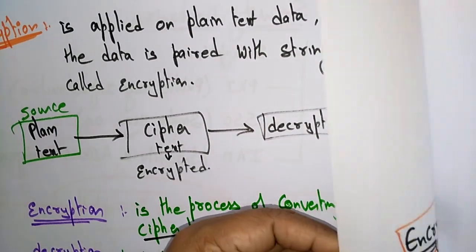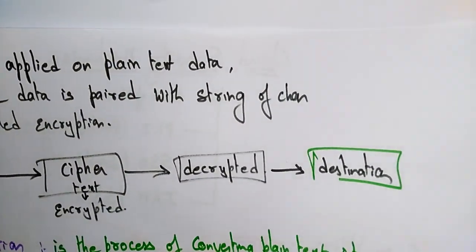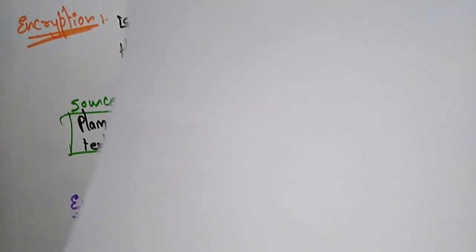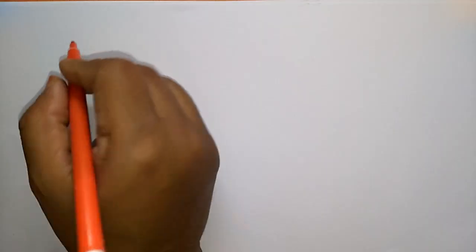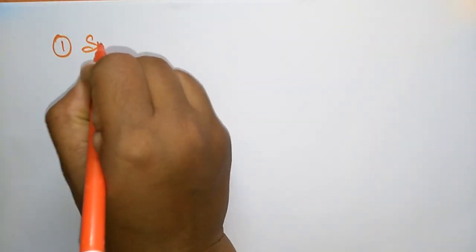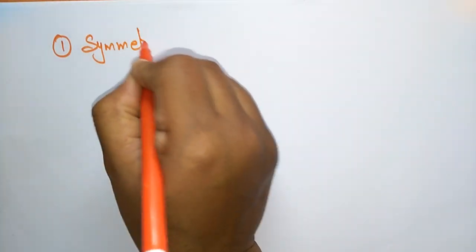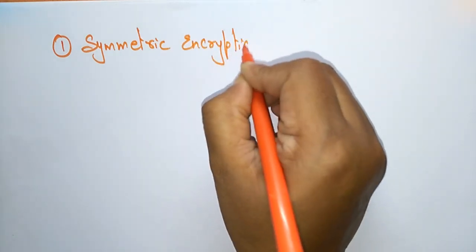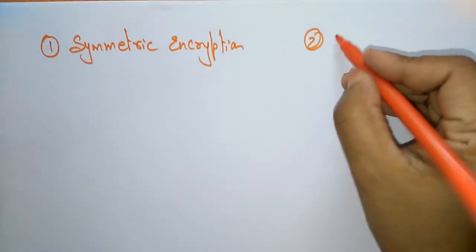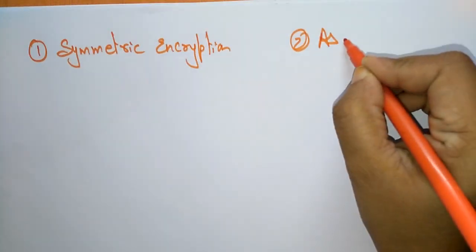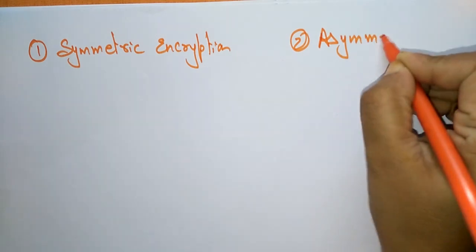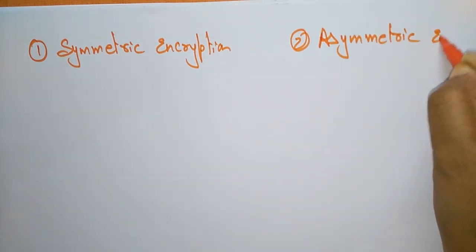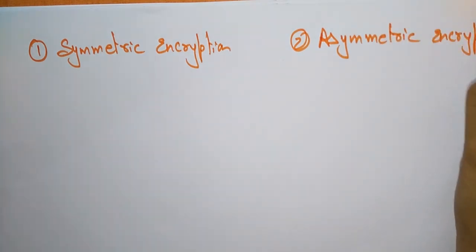There are two common types of encryption. One is symmetric encryption, another is asymmetric encryption. So what do we mean by symmetric and asymmetric encryption?